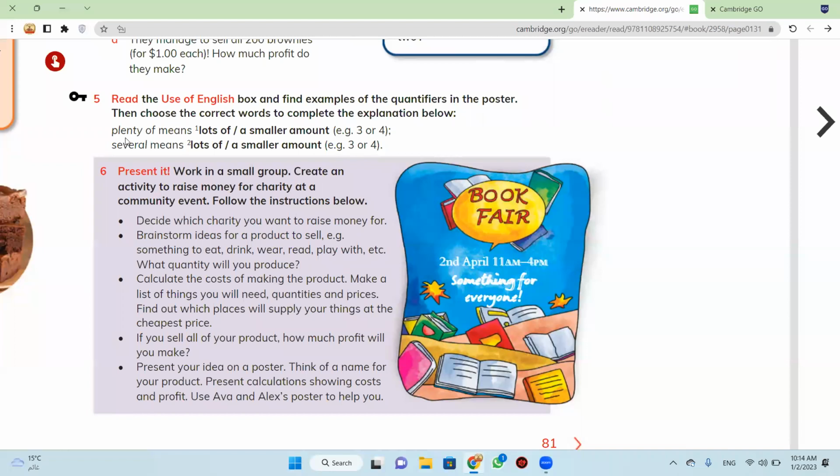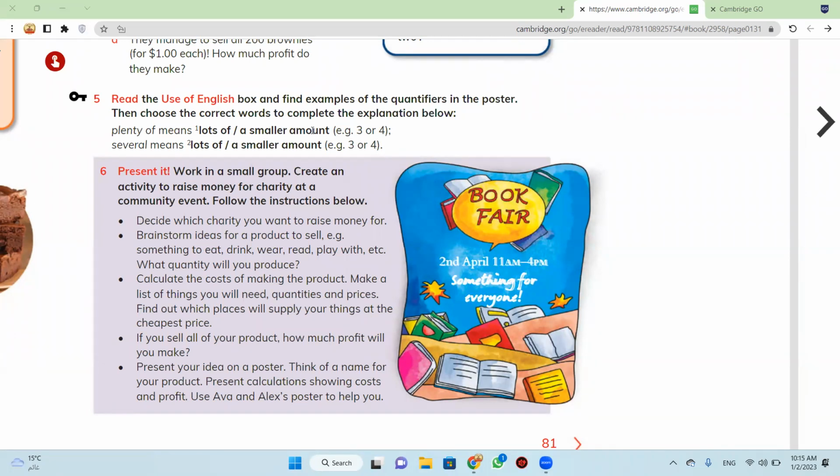Okay, who wants to answer the first one? Plenty means what? Lots of or a smaller amount? Ayham? Yes, sir. Ahmed? Do the first one. Plenty means what? Lots of or a smaller amount?